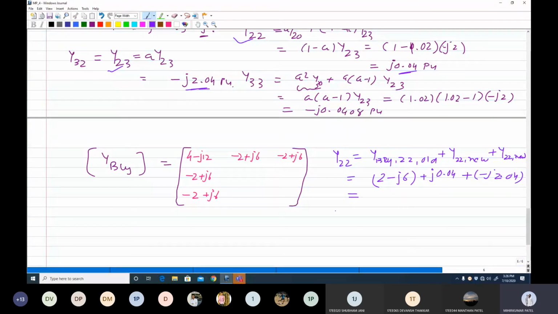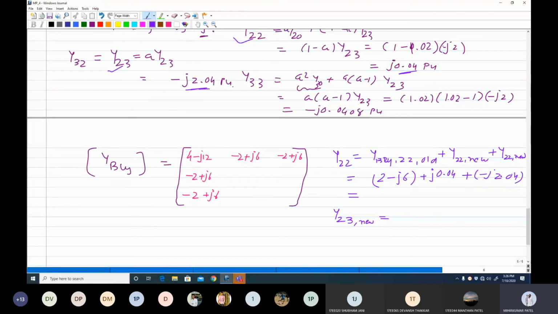Same way, what is the answer for Y23? Yes, the answer for Y22: 2 minus j8.